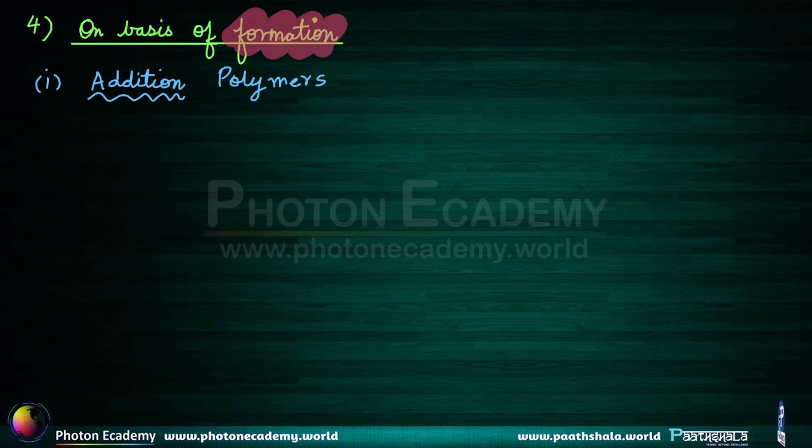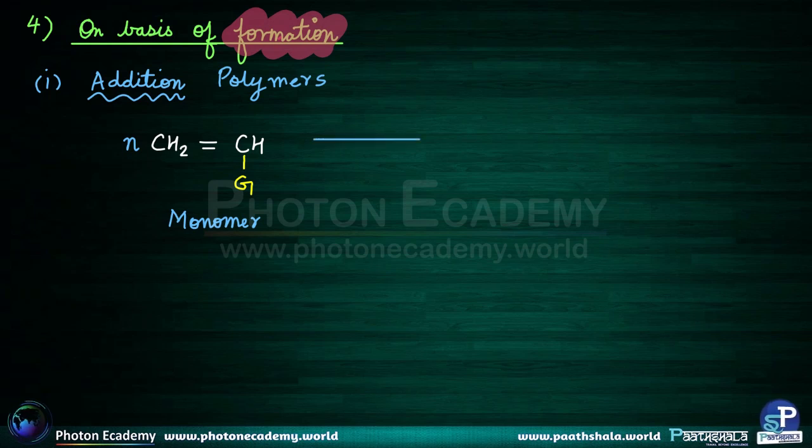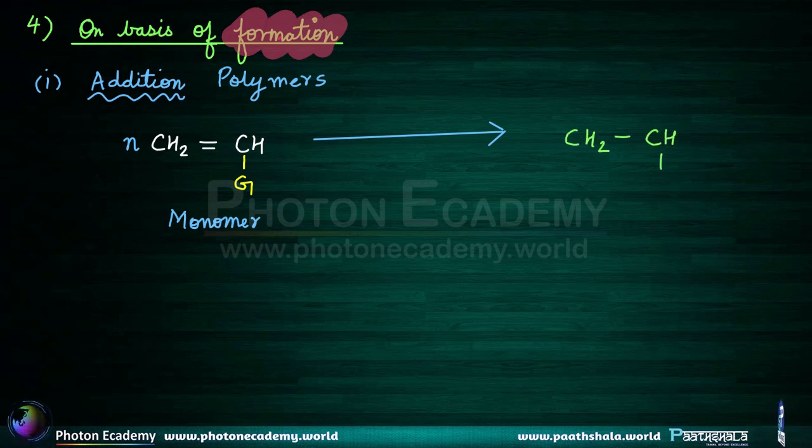So suppose, taking an example, that we have CH double bond CH, and let us say we have a group attached to this C over here. When we take n number of these monomers, so these are the monomer units as we know, and we have discussed it already, monomers on polymerization give us polymers, and when we draw the polymer of this particular monomer, it will be something of this sort.